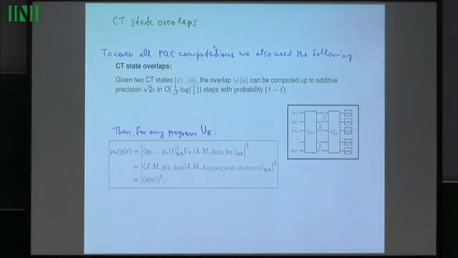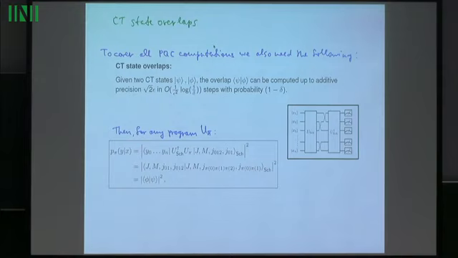Lastly, what we need is the lemma that talks about two computations. So now we've established that everything happening after this gate and after this gate is computationally tractable.